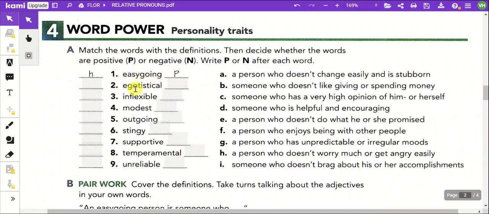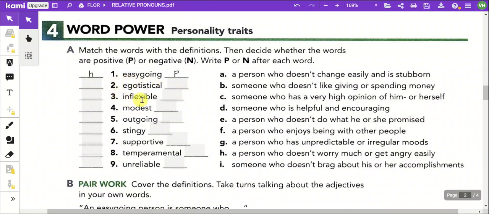Easygoing, egotistical, inflexible. Todas estas palabras son adjetivos, o mejor dicho, son rasgos de la personalidad. What I want you to do is, I want you to do some research. So do some research and find out the pronunciation and the meaning of these words.